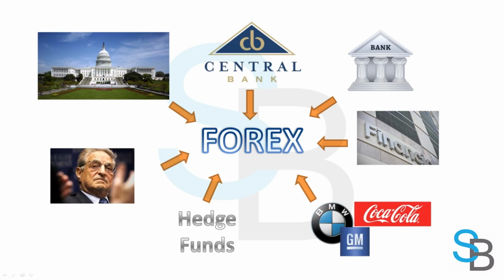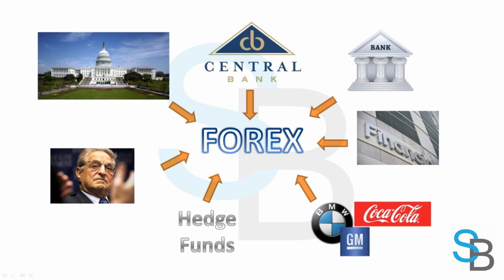And finally, the normal traders such as you and I and George Soros, just people who speculate on the forex market to make a profit. So they're also participants of the forex market, and for example, George Soros was able to make over $1 billion of profit in 1 month. That's one of the reasons why he's famous.